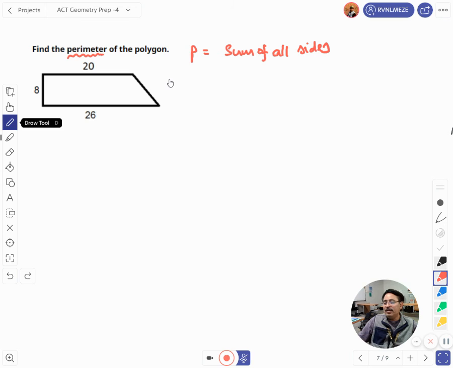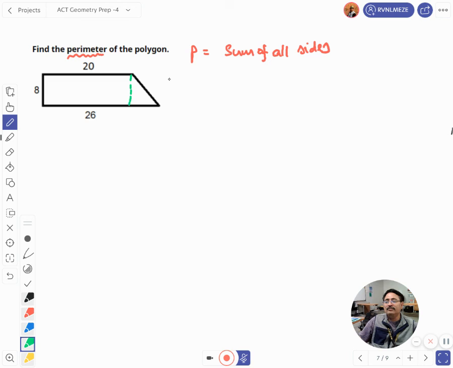So here, let me assume that this is a part of a triangle, that one side. Let me draw a perpendicular line here. When I draw a perpendicular line here, I see that a right triangle is formed.